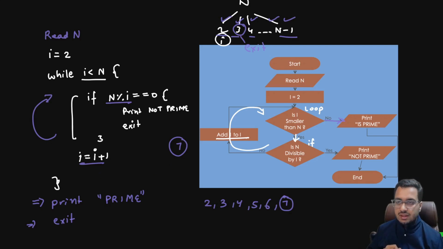The value of I is now 7, which is not less than n. Hence you end up at this line and say 7 is a prime number. That is true, and then you exit.